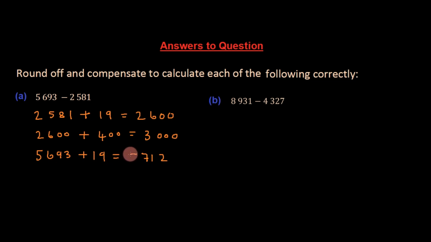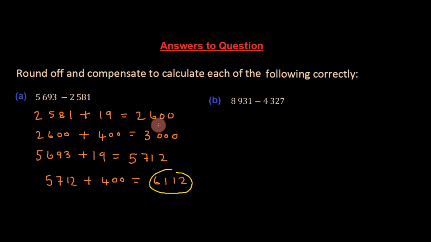And then we have 5. Now we're going to take 5712. And of course, we could have done this in 2 steps. 5712 plus 400. And that's going to give us 6112.